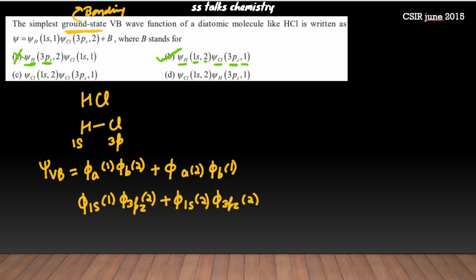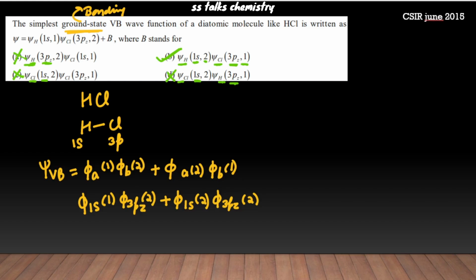This is going to represent the covalent character. Right. Best option you can say. Here it is chlorine with the 1s, that is not possible. Next, chlorine's 1s orbital overlapping with the 3pz of the hydrogen is also incorrect. Okay, so option B is the right answer for this one.